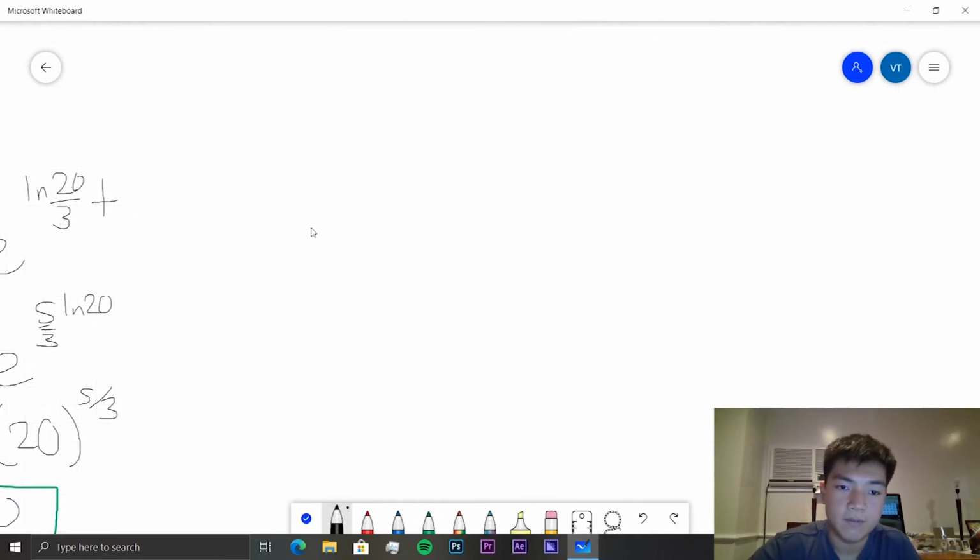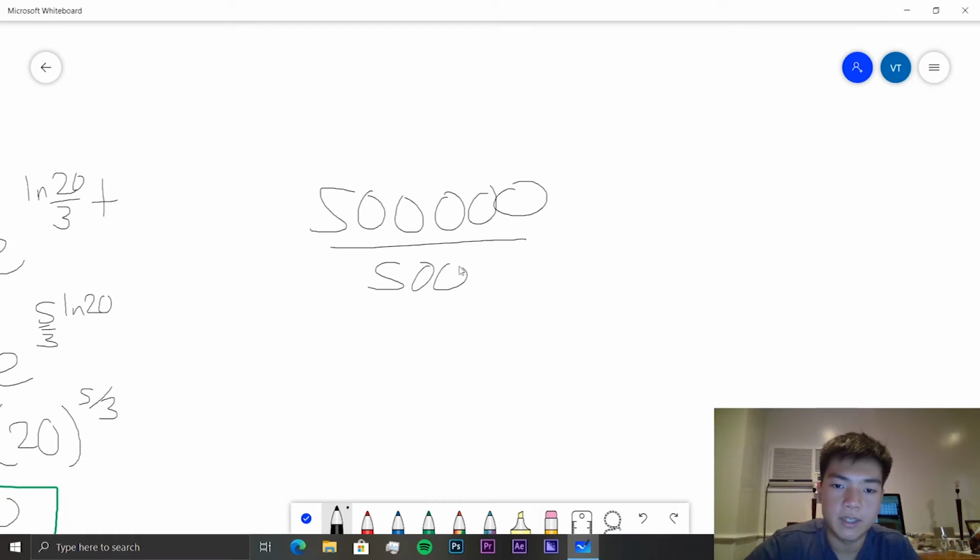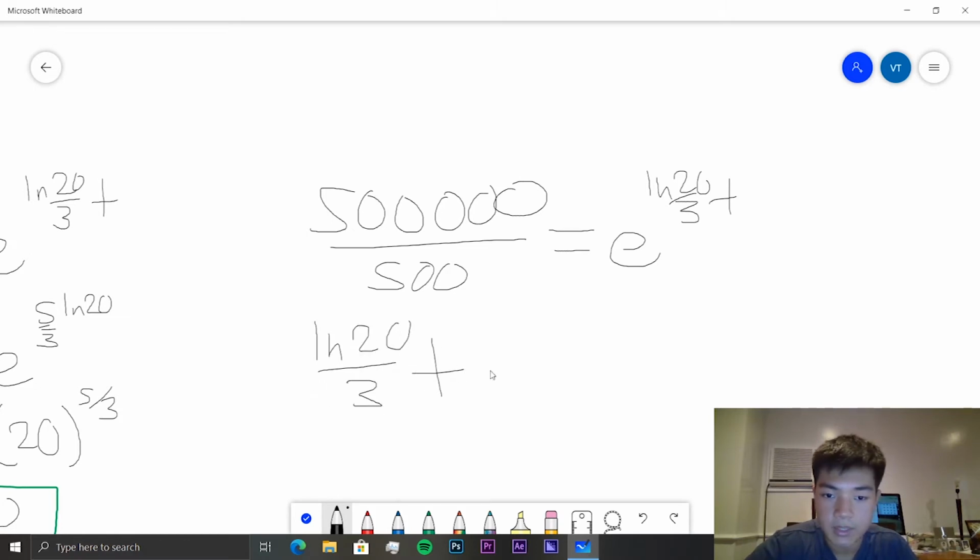And next, determine how many hours are necessary for the number of bacteria to reach 500,000. So we have 500,000 over 500 is equal to e to the ln 20 over 3 t. So ln 20 over 3 times time is equal to the natural logarithm of 1,000.